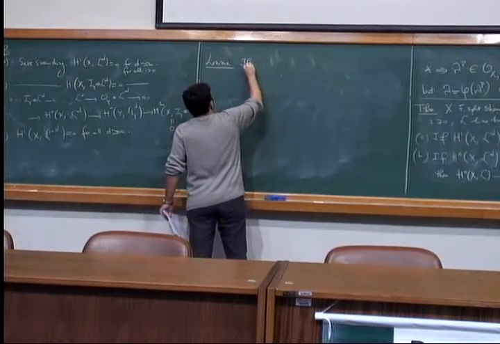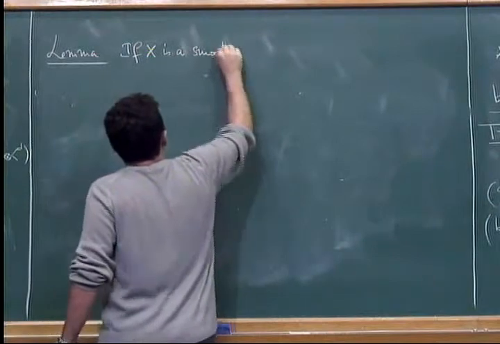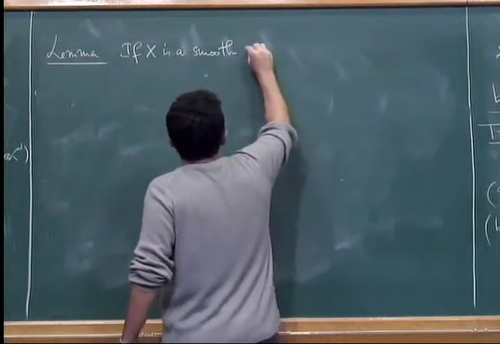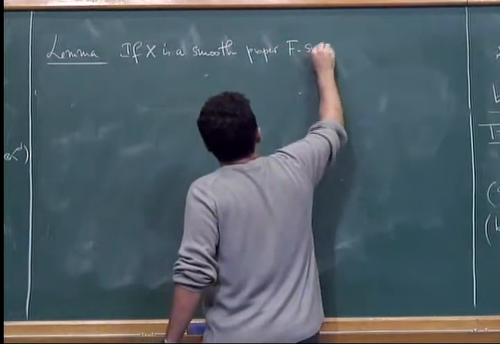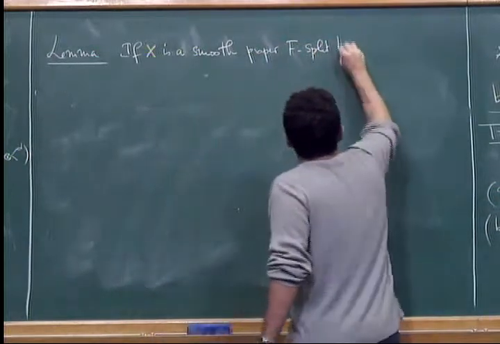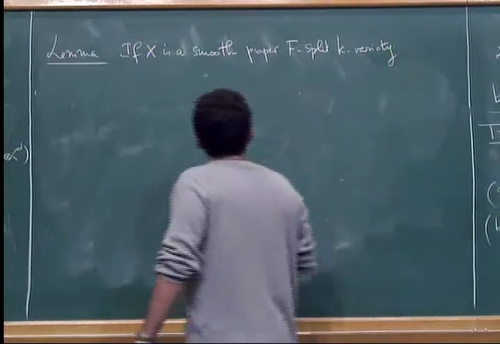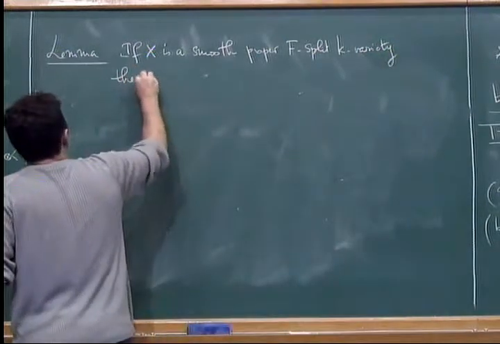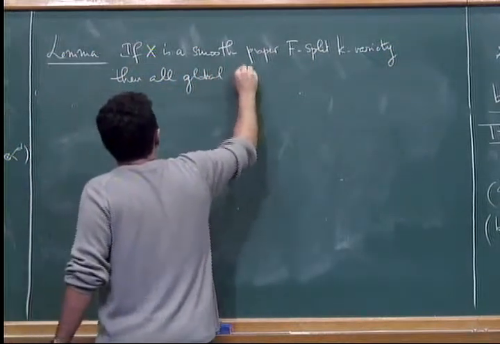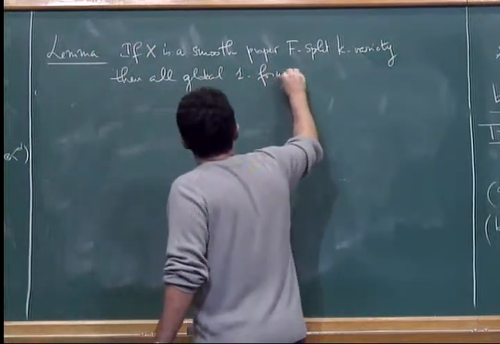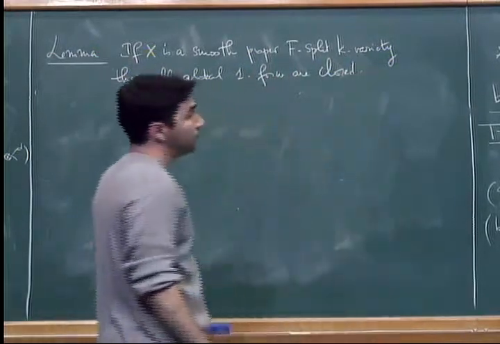If X is a smooth, proper F-split k-variety, then all global one forms are closed.